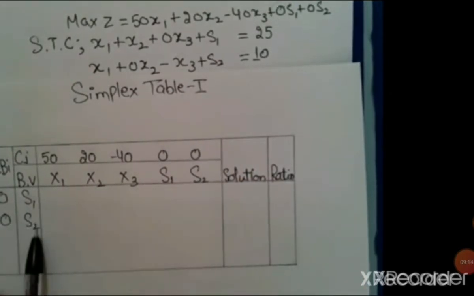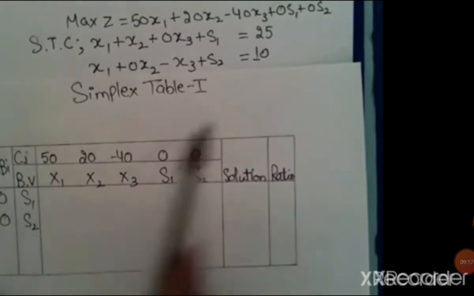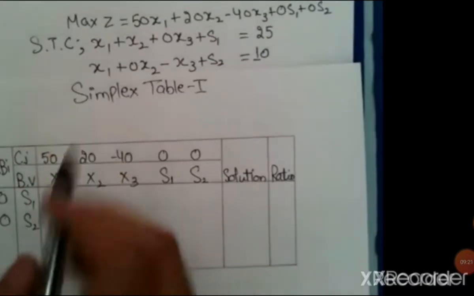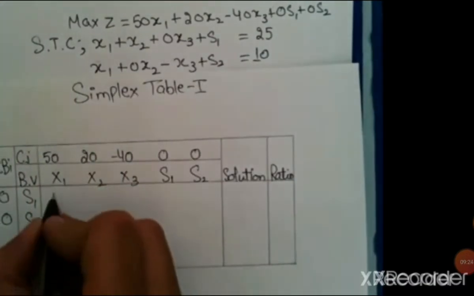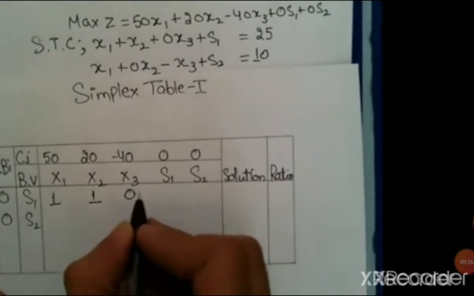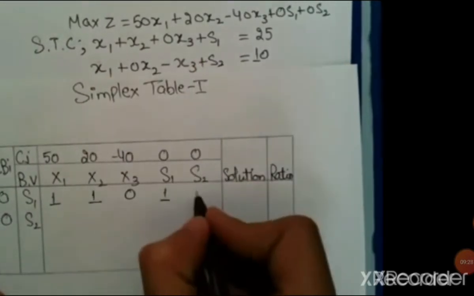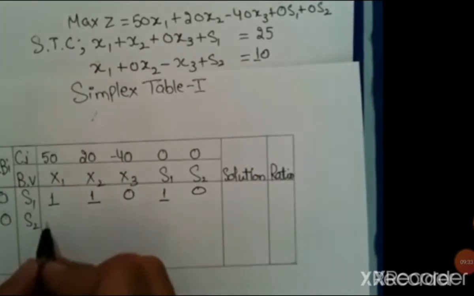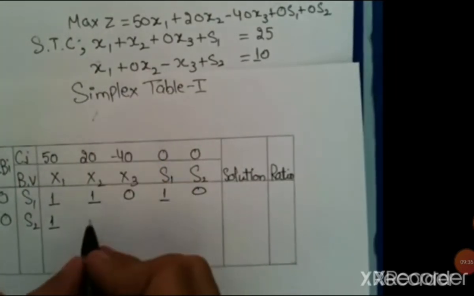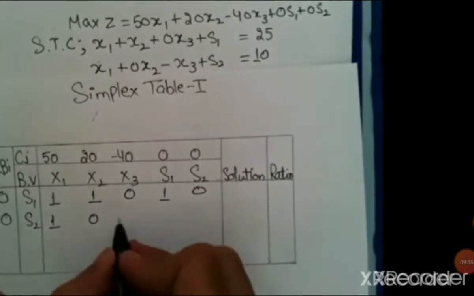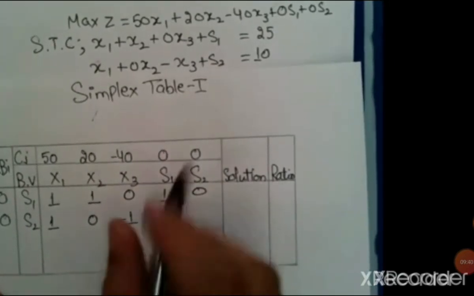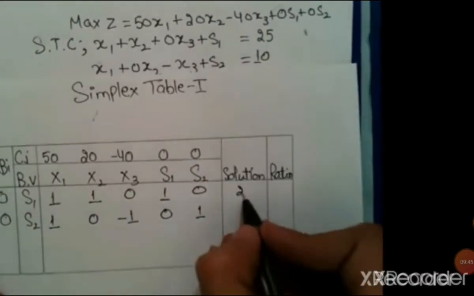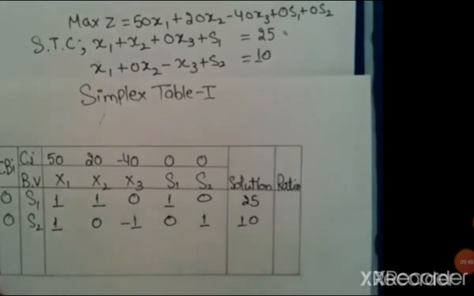The s1 and s2 values are 0 in the maximize objective function. Now the first row coefficients are 1, 1, 0, 1 and 0. For the second row: 1, 0, minus 1, 0 and 1. The solution is given as 25 and 10.